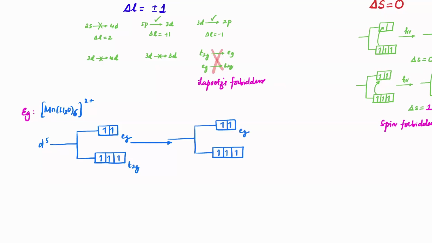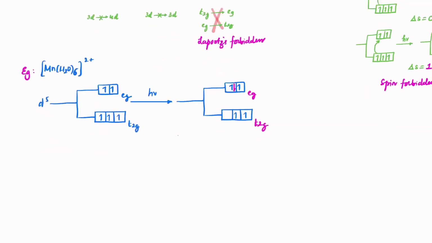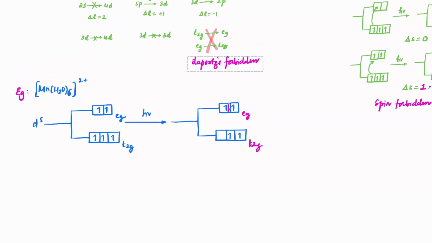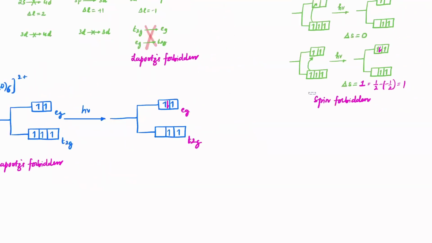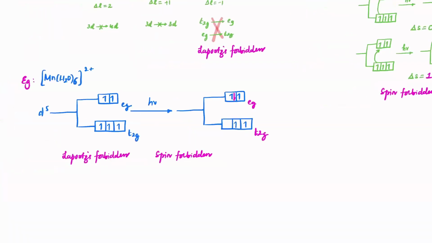So what happens to the complex here? After the light approaches, it will take the electron. One of the electrons will go from here to the higher orbital, eg, and this is the situation right now. So in this case, it is Laporte forbidden because it is a d-d transition, and it is also spin forbidden because the spin of the excited electron has changed.